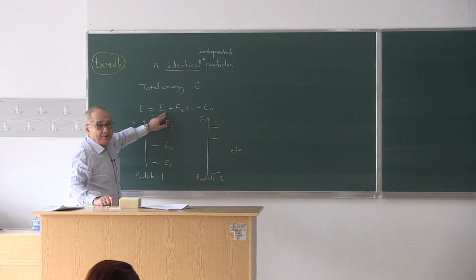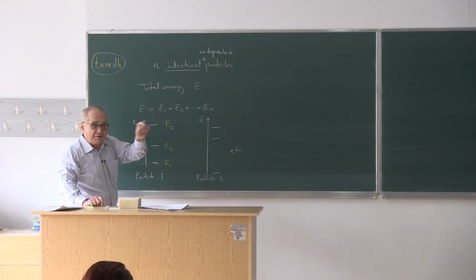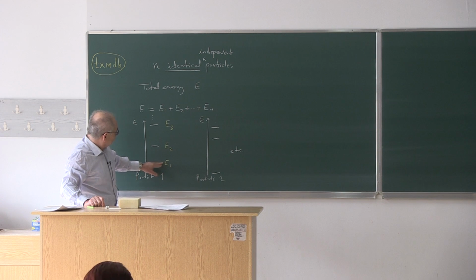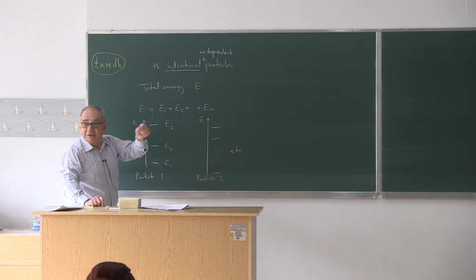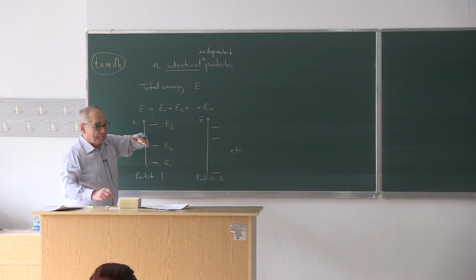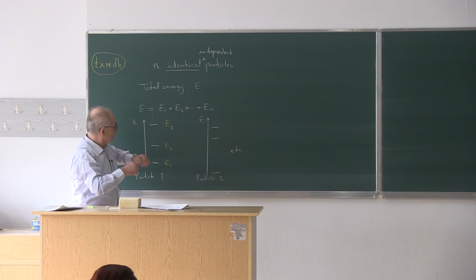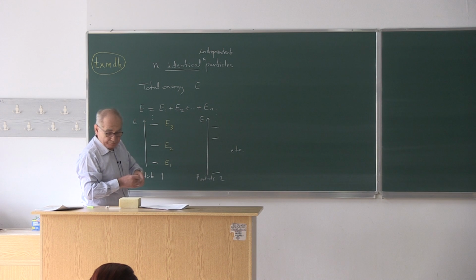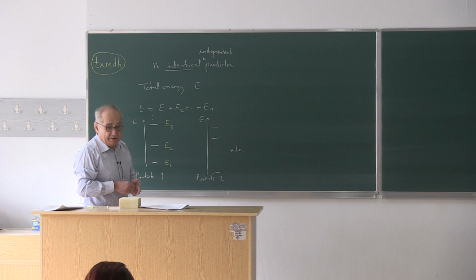Here, the index 1, 2, 3 is labeling each particle. However, in this notation here, the index 1, 2, 3 is labeling the energy level of one of these particles. They are all identical. Now, this sum here can be written in another way.